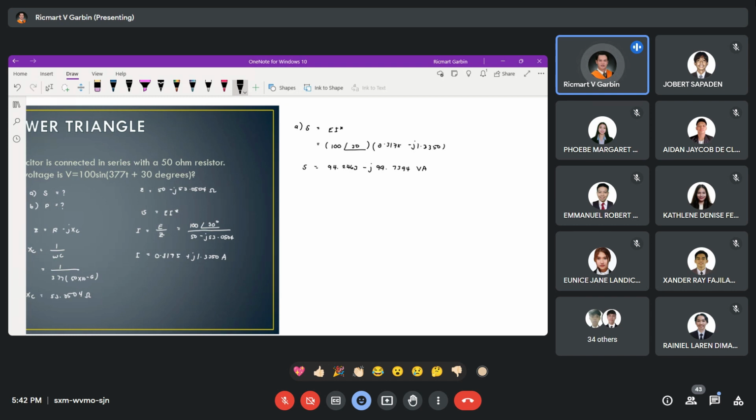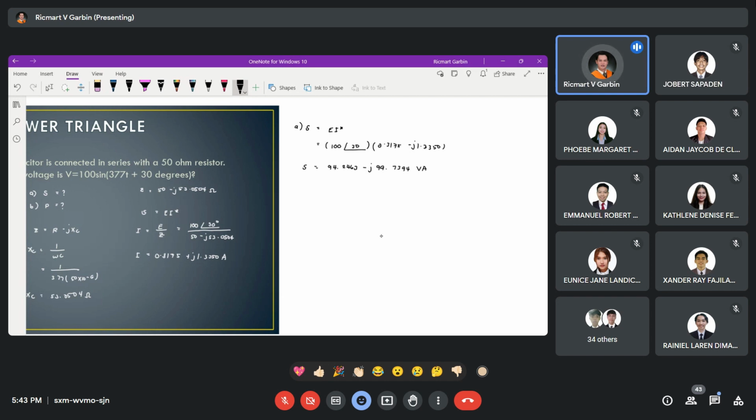So we have 100 angle 30 over 50 minus J, ating impedance, and then the conjugate of the answer. Yan. Ang laki ng discrepancy pala. Medyo malaki yung naging discrepancy natin.